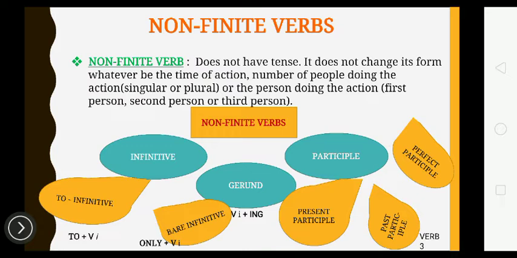On the other hand, irregular verb is independent, like go, went and gone, all the three are different.